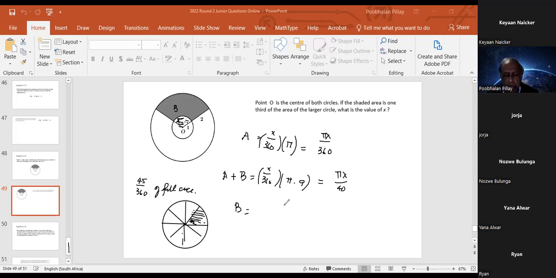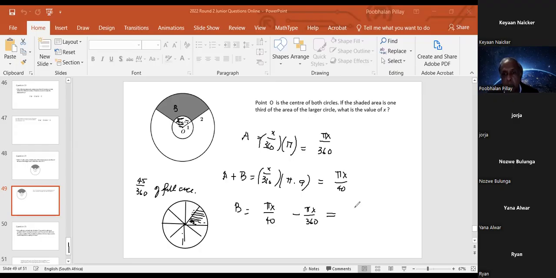So therefore, we can calculate B. A plus B. Right? When you add B and A together, you get this. So all you have to do is to take B away from A plus B, take it away from there. And that will give you the area of B. But we know that the area of B, the shaded area, is 1/3 the area of the larger circle. So there's your equation.